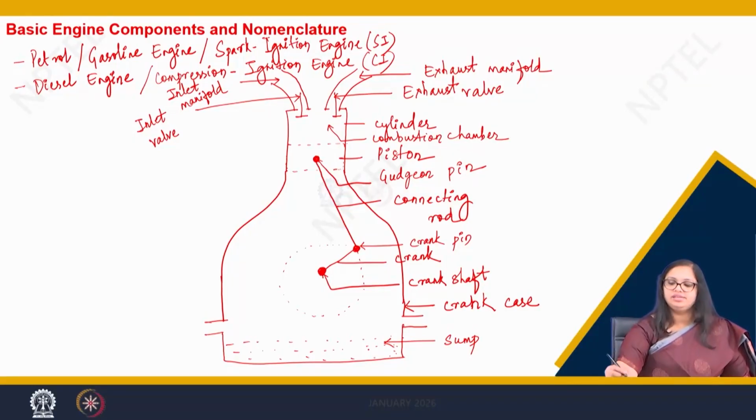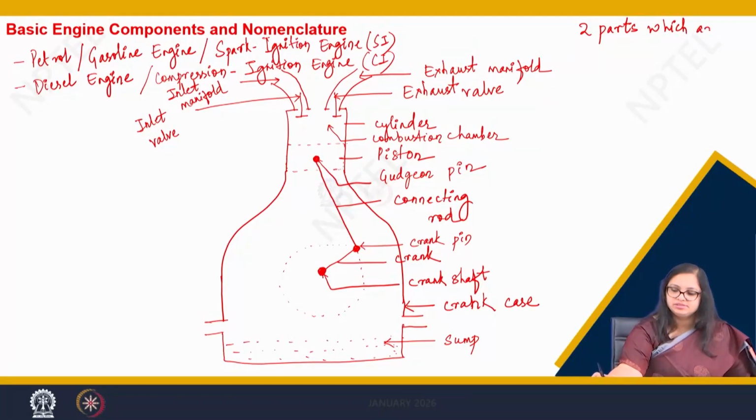So, the two parts which are present in the SI engine are the carburetor and the spark plug.